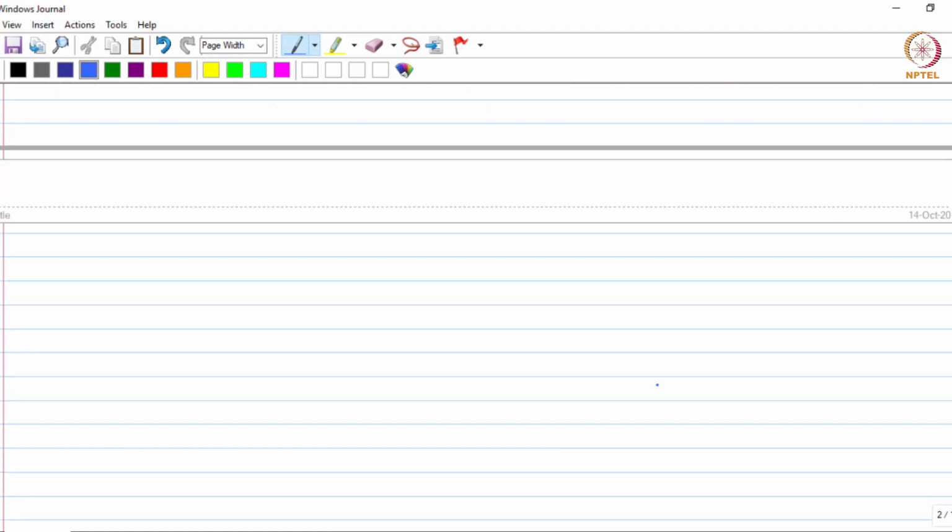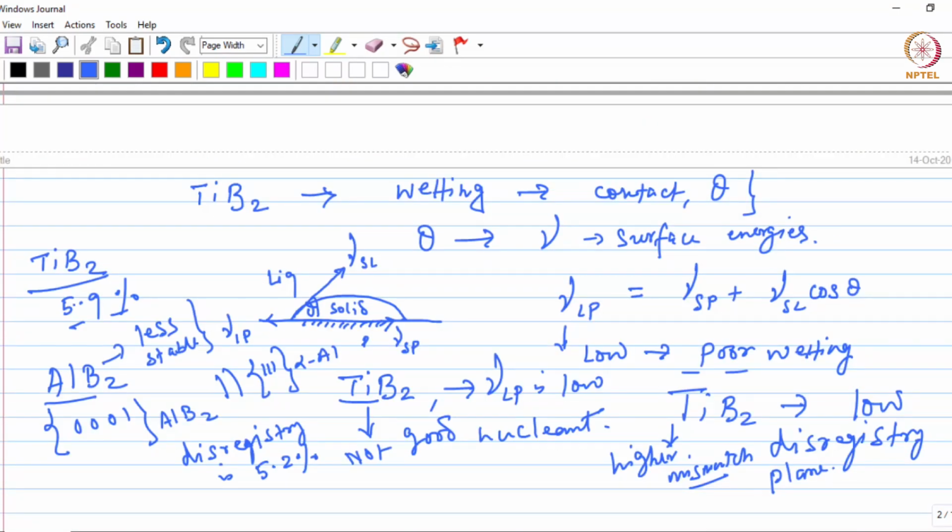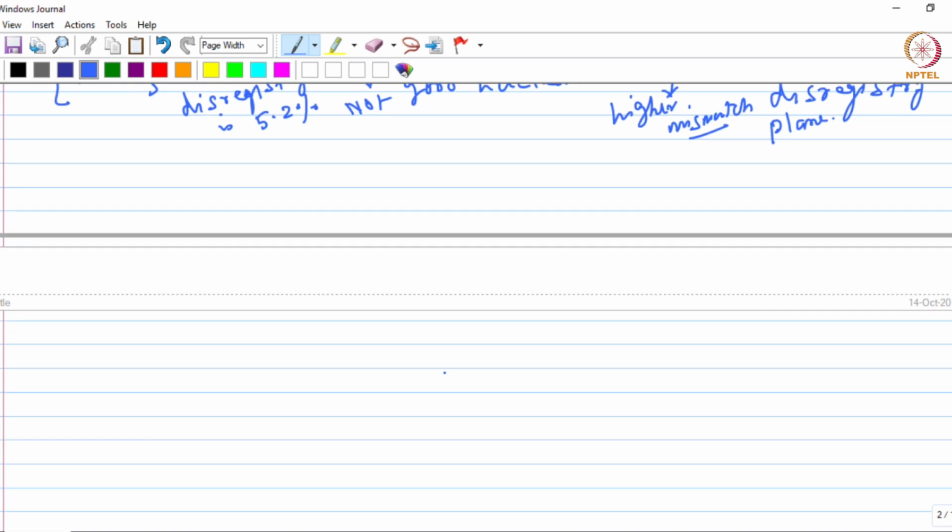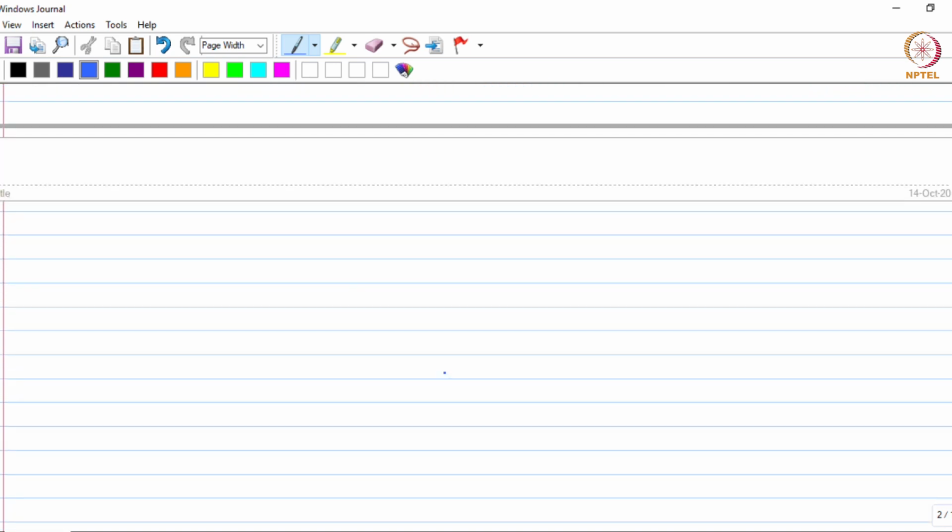So therefore, because of such issues with TiB2, it is not added alone, rather it is combined with titanium and added in the form of these ternary master alloys, so that you can also have the presence of Al3Ti particles, which are much more effective in terms of nucleating the aluminium. Okay.